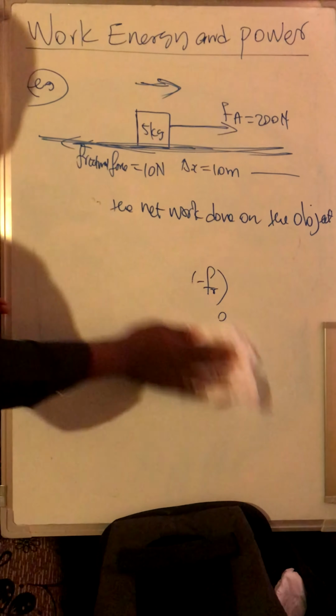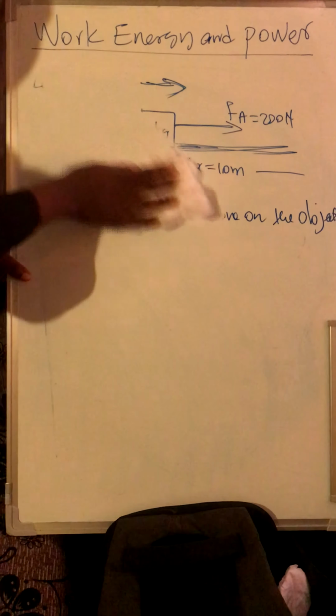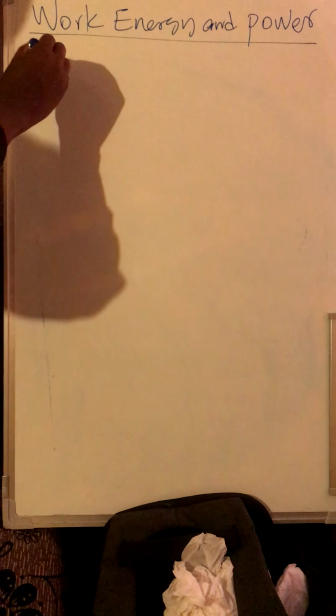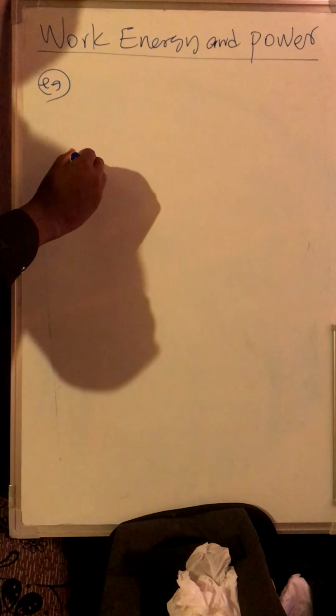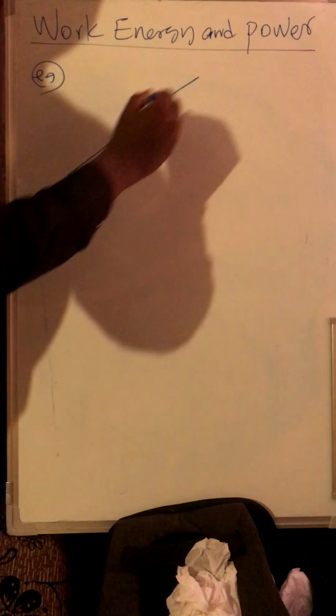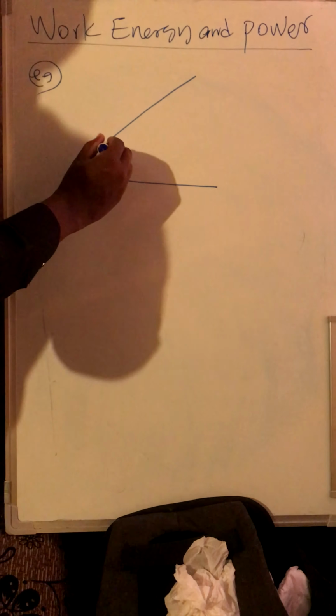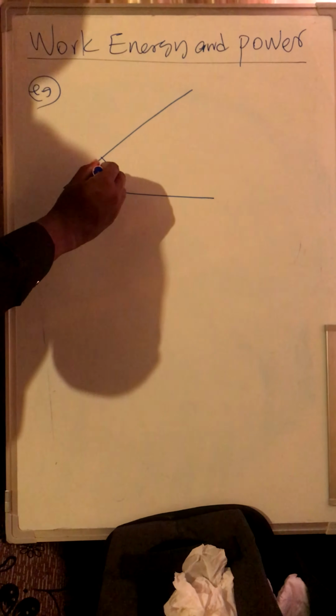Let's take it on the incline. So as we are moving together, you can see that there's some shadow here. As I said, it's a homeschooling. Let's proceed. Now, we are going to get an example. Example number 2. Let's say we are having an incline. We're having an angle here, 30 degrees.